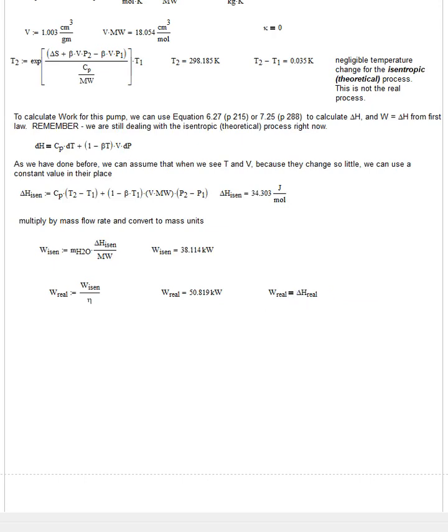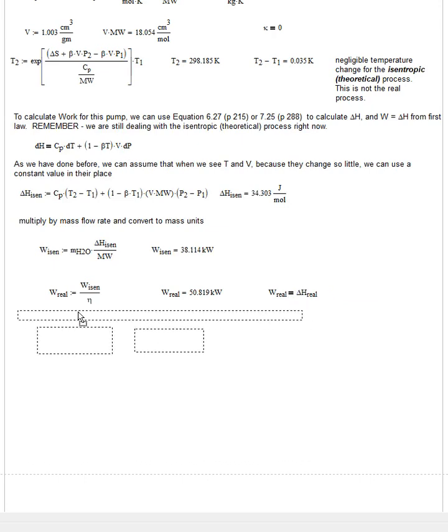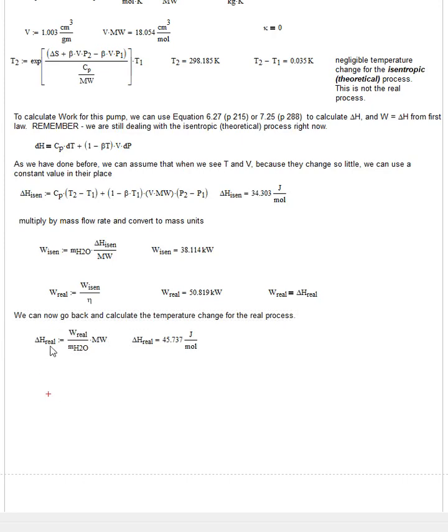And so that's what we'll do. Delta H for the real process is 45.737. In fact, we could have just taken this delta H up here and divided by 0.75 as well, since we didn't have any Q terms or anything else in our energy balance.